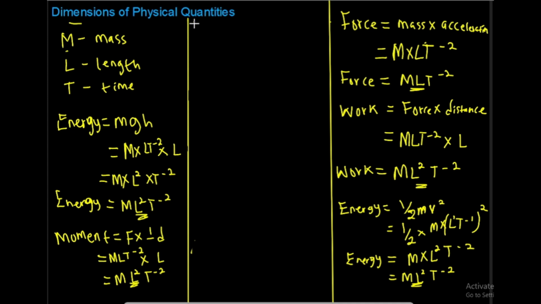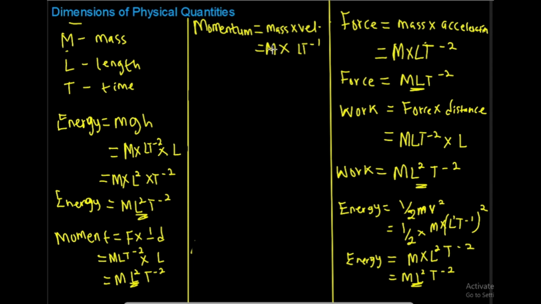let's take the dimension for momentum. So as usual, we'll bring out the formula for momentum. Mathematically, momentum is mass times velocity. So the dimension for mass we already know is M. So we have capital letter M times velocity. The dimension for velocity, remember, we already calculated it before, to be LT^-1.